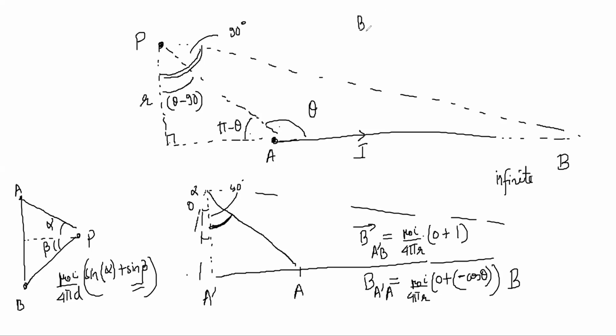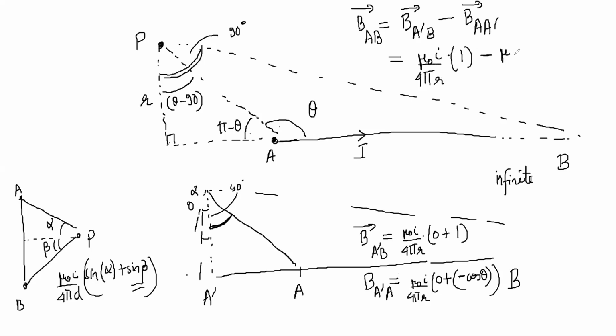So field due to AB is equal to field due to A dash B minus field due to A dash. Field due to A dash B is mu naught I by 4 pi r times 1, minus field due to A dash, which is mu naught I by 4 pi r times minus cos theta.